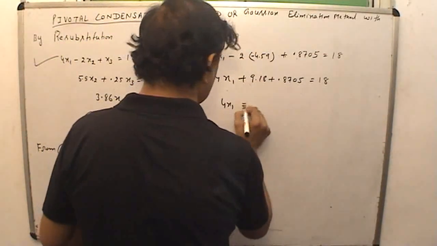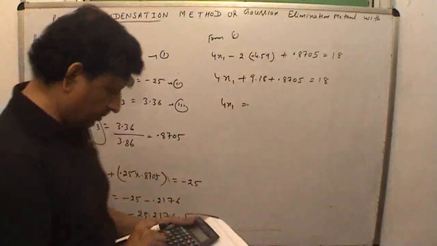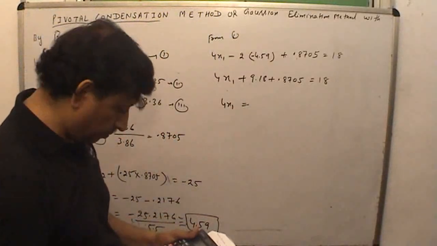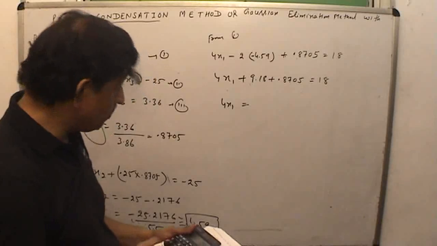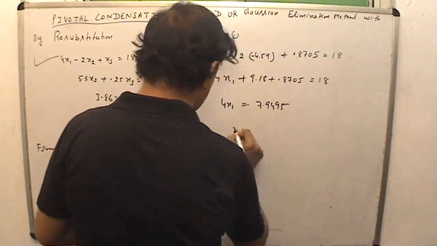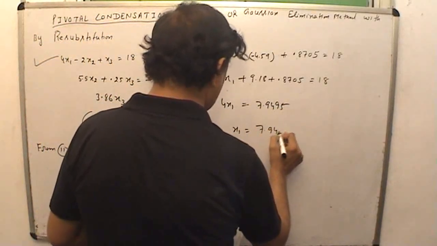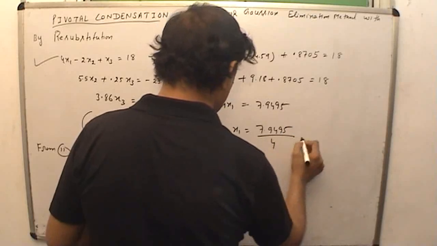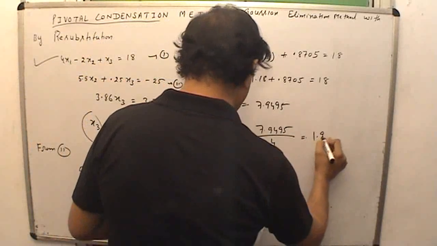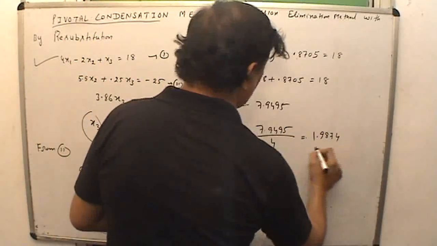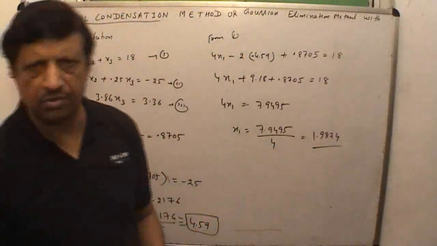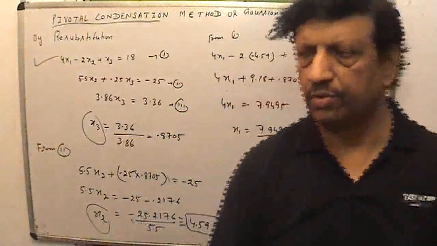Then we say 4x1 is equal to 7.9495. So x1 is equal to 7.9495 divided by 4, that is equal to 1.9874.